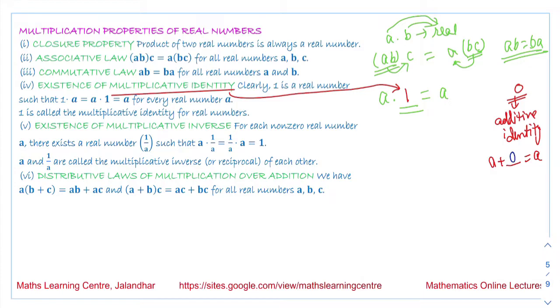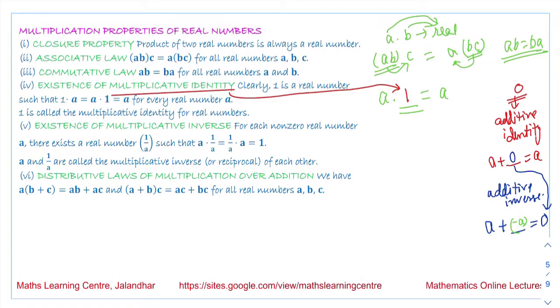Similarly, the multiplicative inverse. When we are talking about additive inverse, we are saying a plus dash should be equal to 0. Here the 0 is from here. So the answer we are saying it is minus of a.